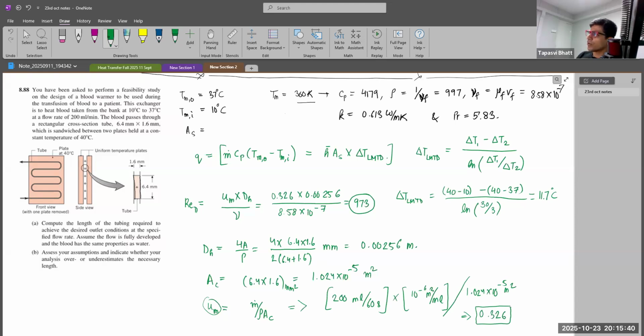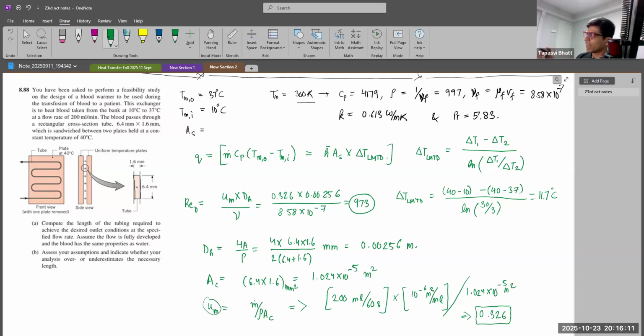If it got a bit confusing for you, just think about how you can calculate the mass flow rate from the volume flow rate. Volume flow rate is simply 200 ml per minute. So I converted that to ml per second by dividing it by 60 seconds. Now I multiply it by 10 to the power minus 6 because I wanted to convert ml to meter cube. And the conversion, I think you must know, is 1000 liters is 1 meter cube.